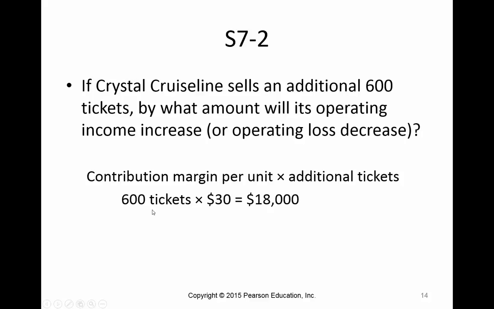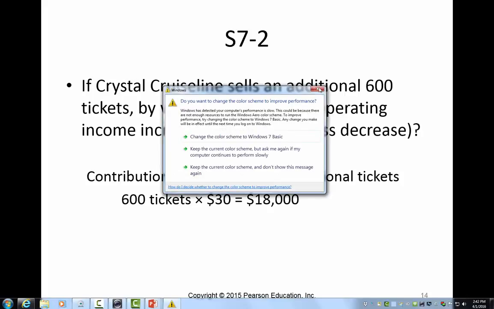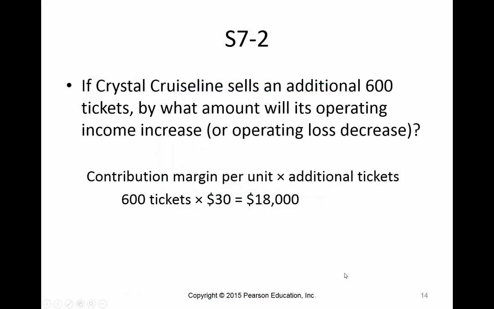By taking just the tickets, multiplying that by the $30, what amount will our contribution margin then add to our operating income? Well, the entire amount of $18,000, because we know we have already covered our fixed costs. So any additional ticket sales is going to contribute directly to our operating profit.